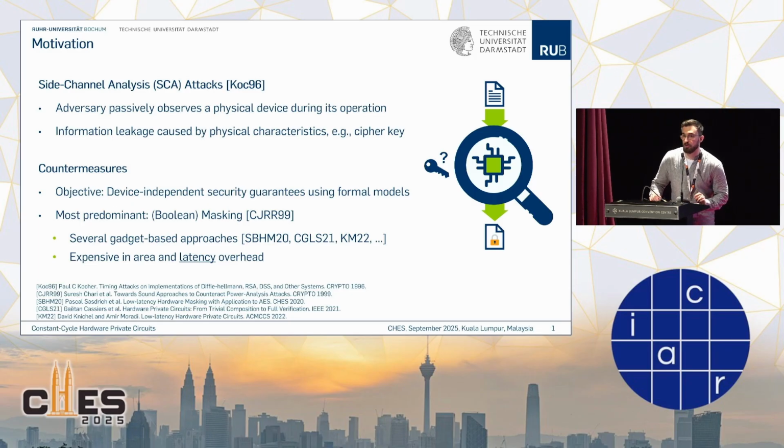The most predominant approach for this is masking, and in this talk it is Boolean masking. Many approaches are gadget-based, which means that we take an unprotected design and then we take gates or small subcircuits and replace them by proven-to-be-secure counterparts. The downside of this approach, though, is that it can be very expensive in area and also in the latency overhead, which is the main focus of this talk.